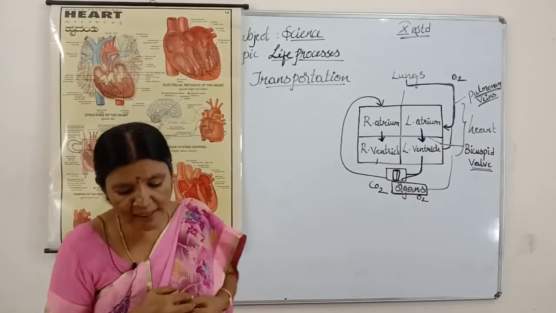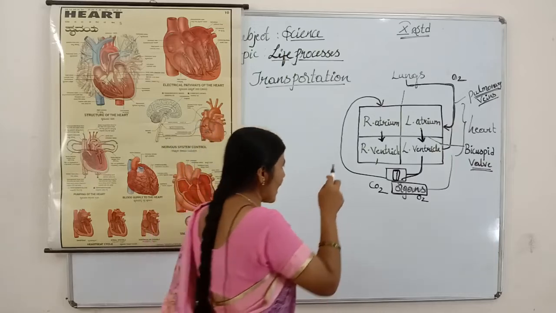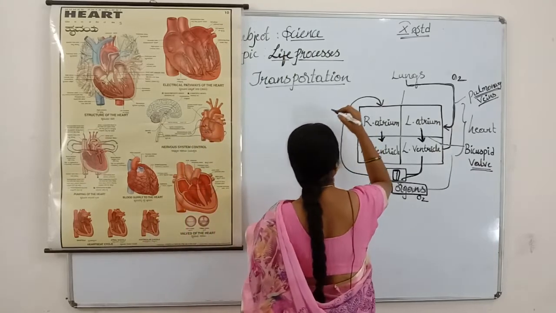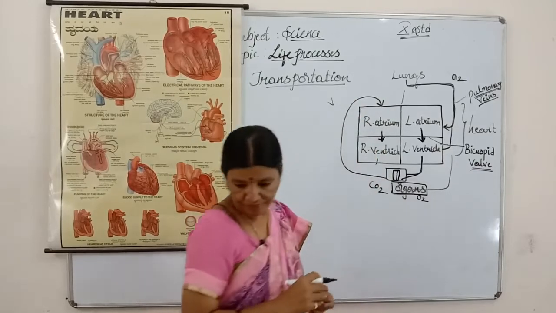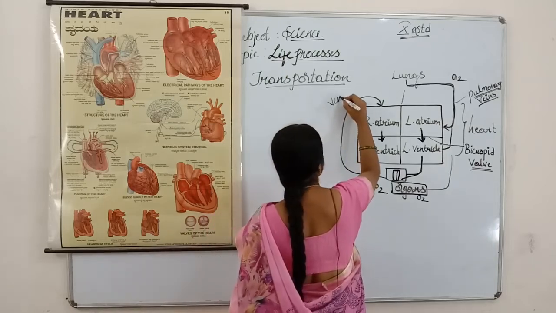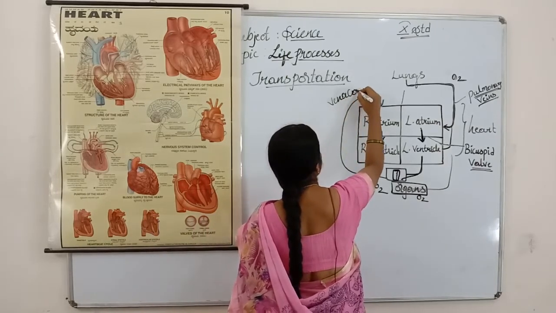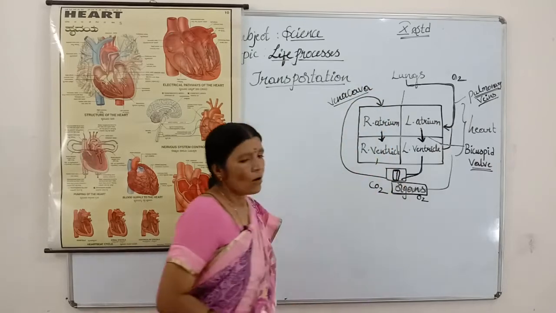The pathway taken by the blood from the organs to the right atrium is a blood vessel called the vena cava. Okay children, we have two types of vena cava. What are these?